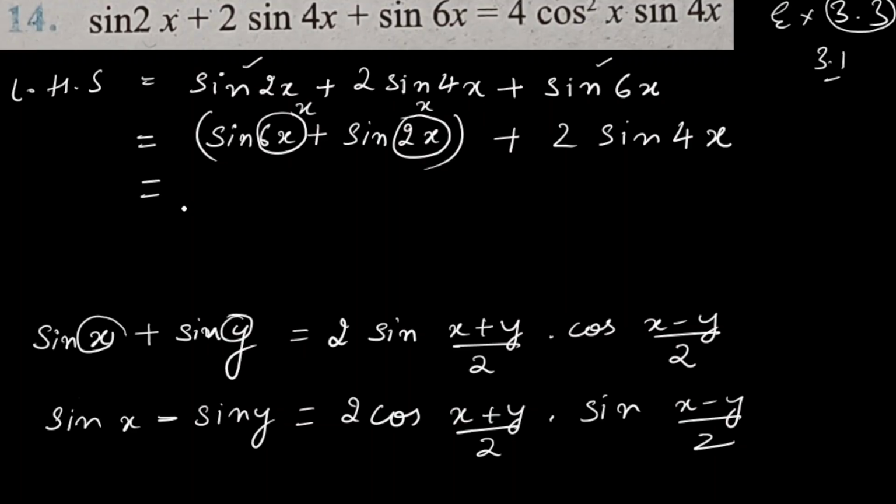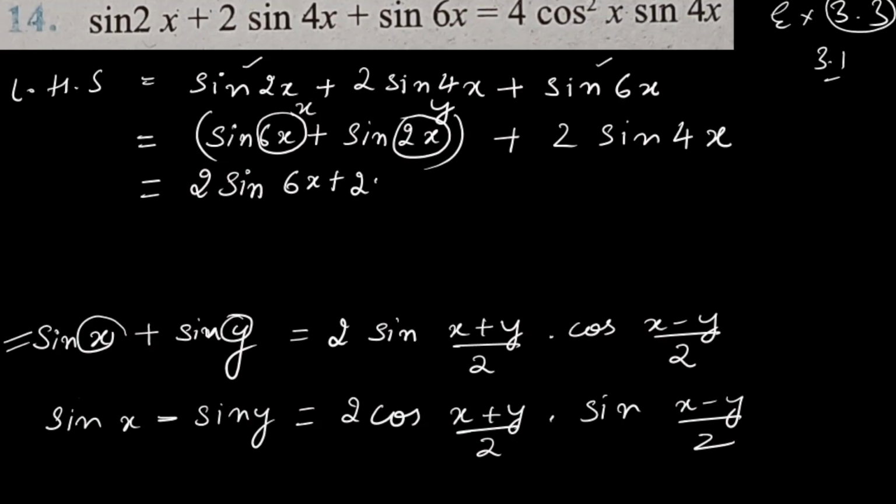So this is x. 6x is x, 2x is y. So I'm just going to apply the formula now. The first one, sine x plus sine y. So this formula is 2 sine of x plus y by 2, where x is 6x and y is 2x.